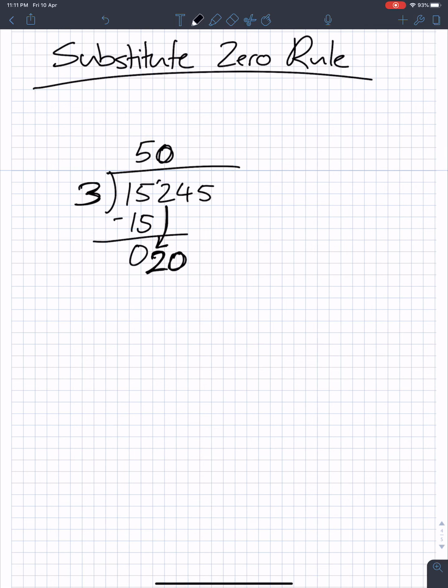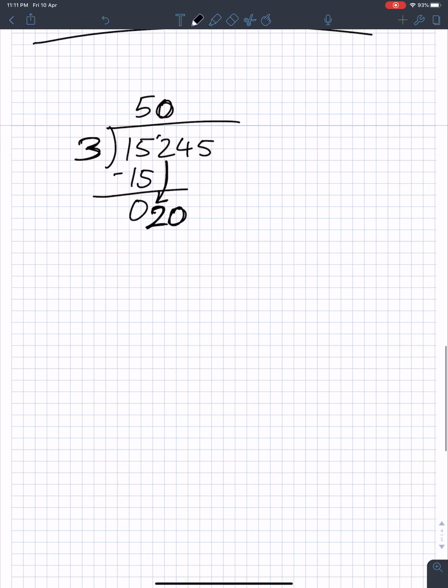So now you say your 3 times table until you get close to 20. So 1 3 is 3, 2 3 is 6, 3 3 is 9, 4 3 is 12, 5 3 is 15, 6 3 is 18, 7 3 is 21. 7 3 is too big, so we use 6. So 6 times 3 is 18. Subtract these 2 from one another, you're left with 2. Now 2 is too small, so we drop the next number down.